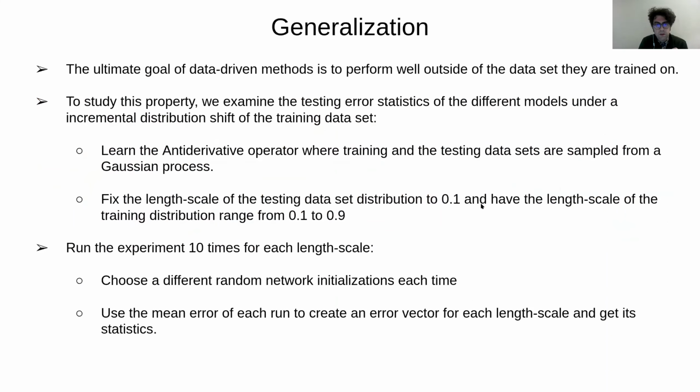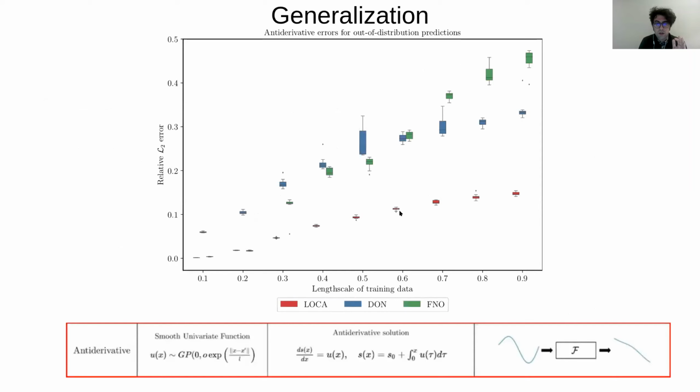Okay. And then generalization. To test generalization, we'll have two examples. The first example would be something like a distribution shift, right? So you will have the antiderivative operator, which is something simple. And in the antiderivative operator, you will have a forcing term that will be sampled from a Gaussian process prior, okay? And then we will change the length scale. We will run for 9 length scales.